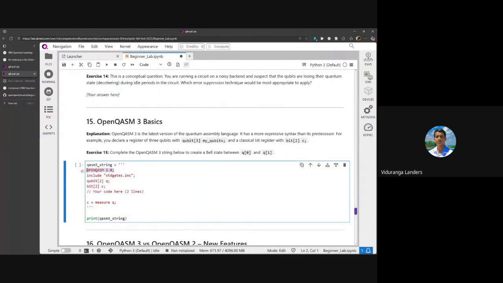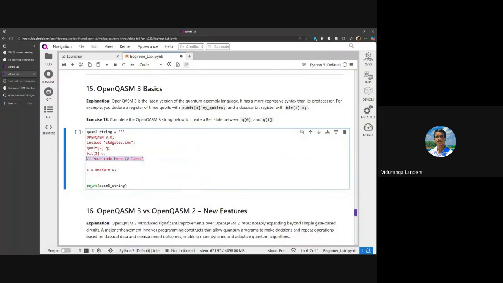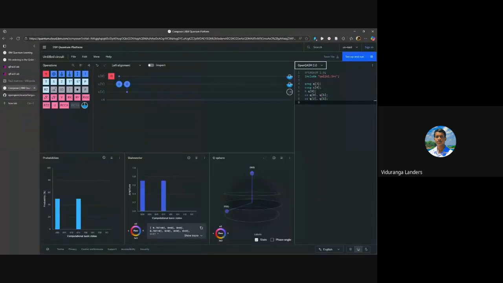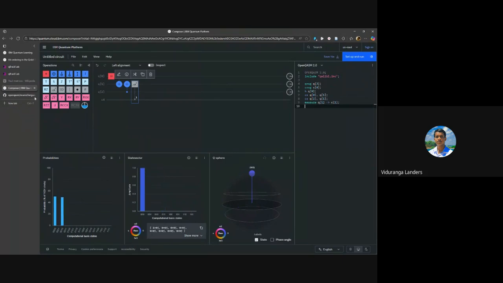So here we are showing that it's OpenQASM 3.0, including the library, telling it what the qubit register size is, or the quantum register size is, then the classical register. Then you can add whatever gates you want here, and you can measure it. This is basically your OpenQASM program, just like here, your OpenQASM program with the measure one. And if I add the measure gate here, it should add that.